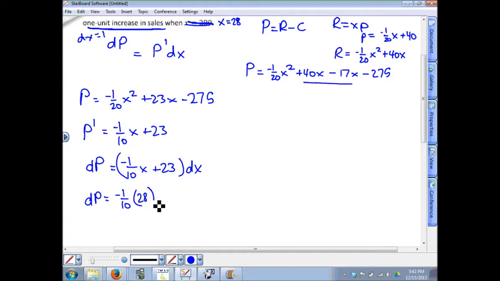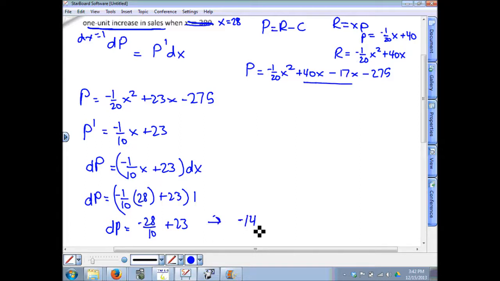Apologize for that typo. Plus 23, and that whole thing needs to be multiplied by the change in x, but it's a 1 unit increase in sales, so dx is equal to 1. And negative 1/10 times 28 is negative 28/10. Plus 23.